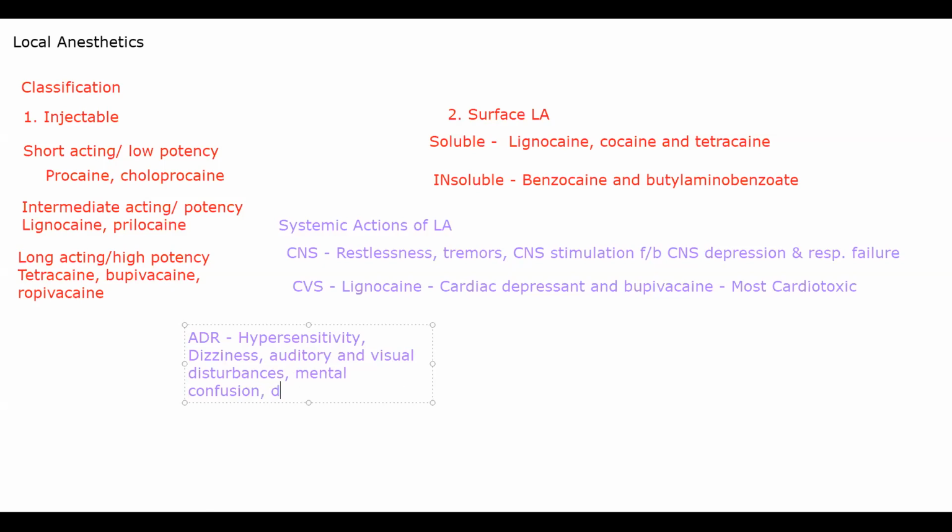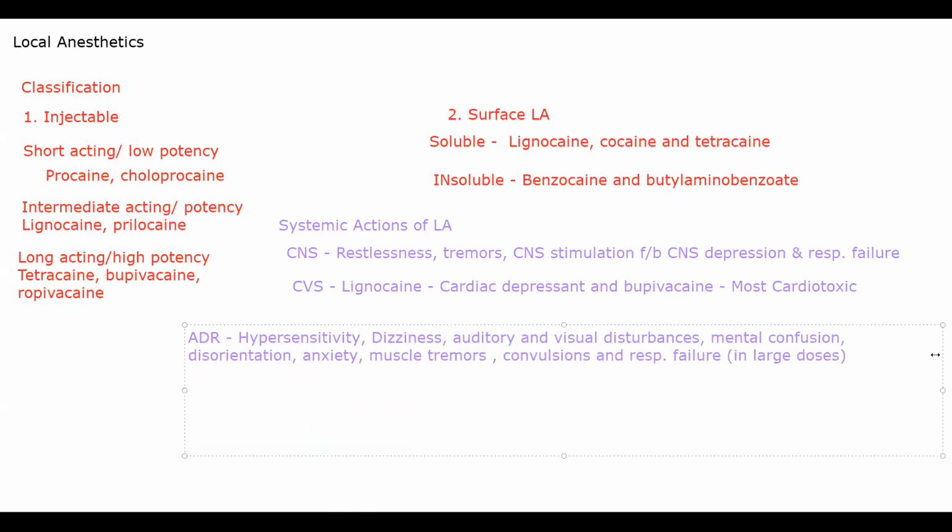It can cause disorientation, anxiety, muscle tremors, convulsions, and respiratory failure. This one particularly in large doses. If you are giving more than the normal dose, respiratory failure will occur. All right, so you have to be careful in those conditions.